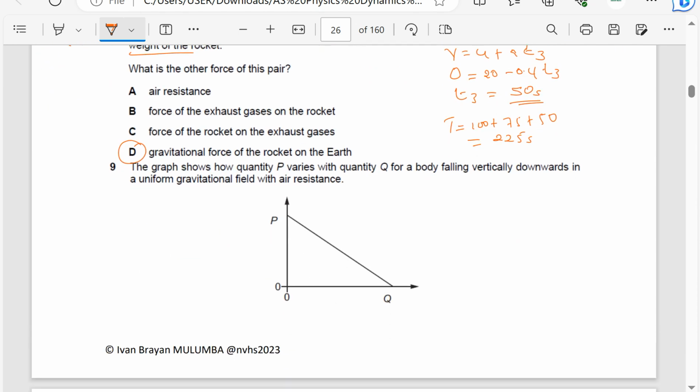And lastly, for this video, the graph shows how quantity P varies with quantity Q for a body falling vertically downwards in a uniform gravitational field with air resistance. So for air resistance, this P cannot be velocity against time.